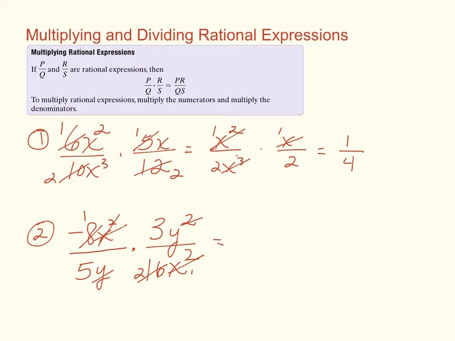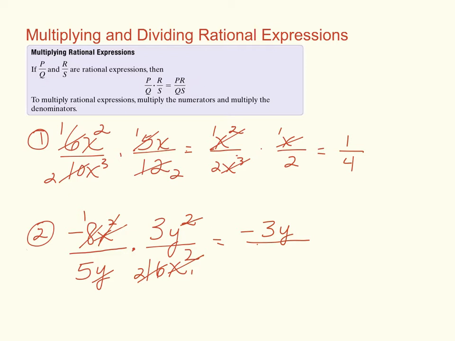So let's simplify it a little bit. Let's write it out so we can see what we have. There's a lot going on here. So we have a negative 1 over there because the 8 was canceled and the x squared was canceled. So it's a negative 1 times 3y, which is negative 3y in the numerator. And what do we have left in the denominator?